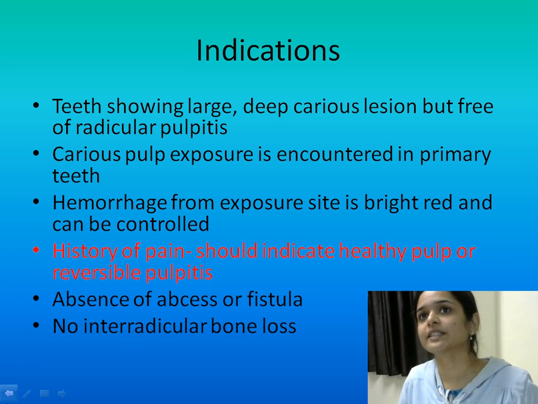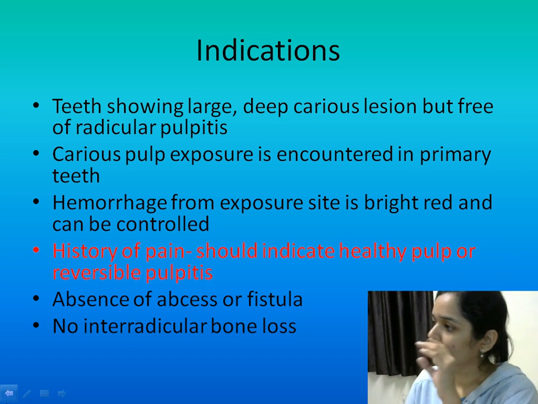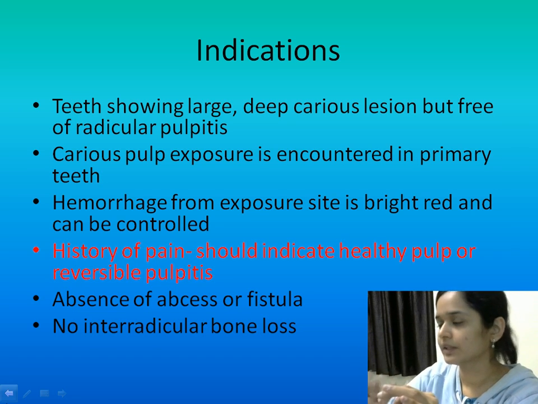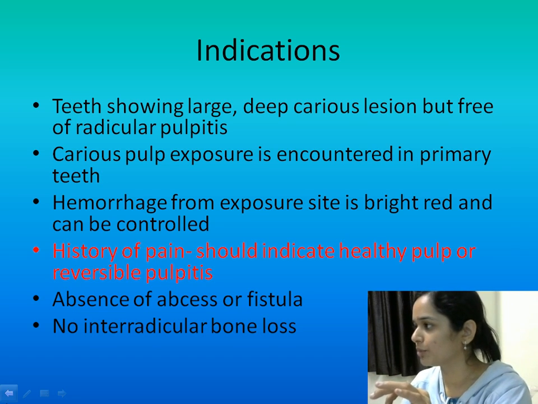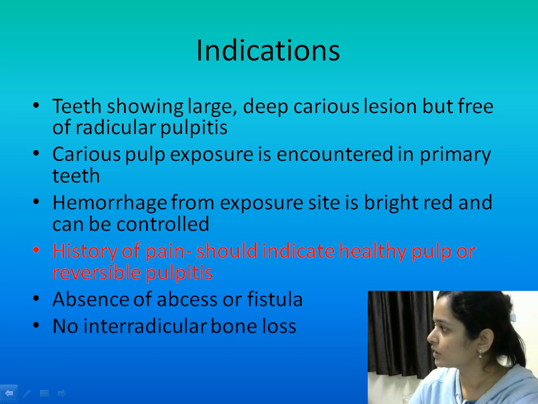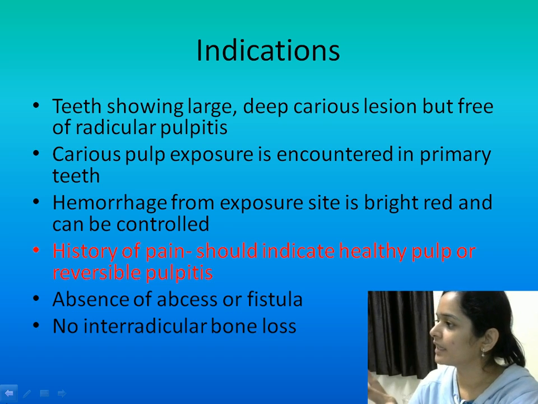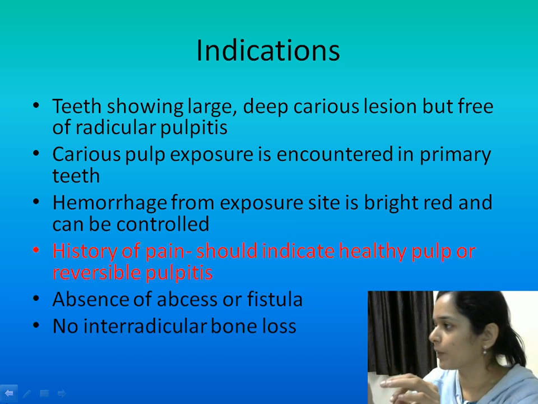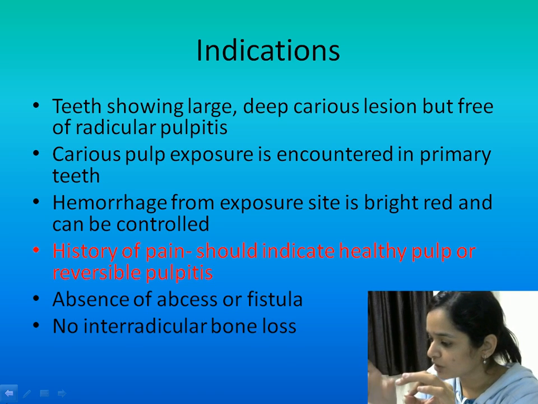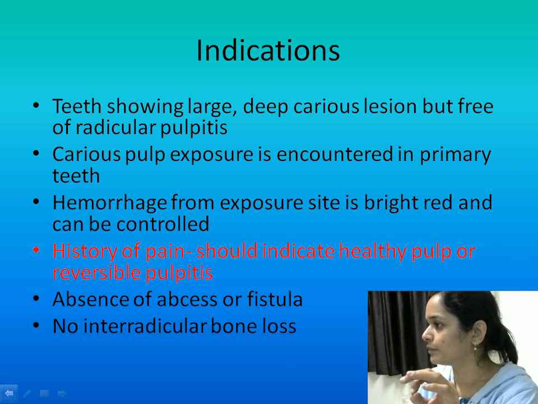So in those cases where the inflammation is limited only up to the coronal portion, you can go ahead with pulpotomy. And how you will decide is by both ways: first, based on the history, and second, intraoperative. That will be operative diagnosis. When you have already opened the chamber, you examine and see how the hemorrhage is, and then you decide.